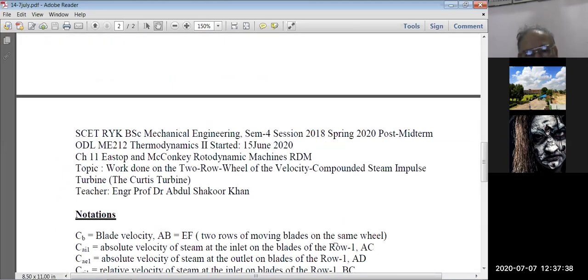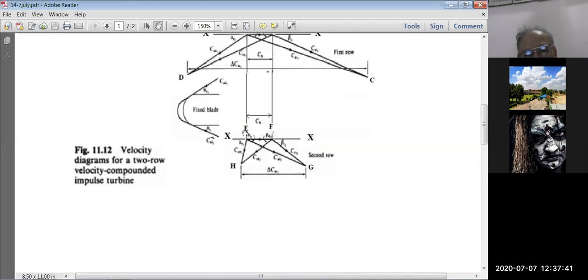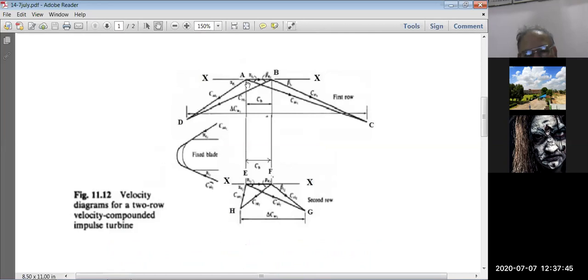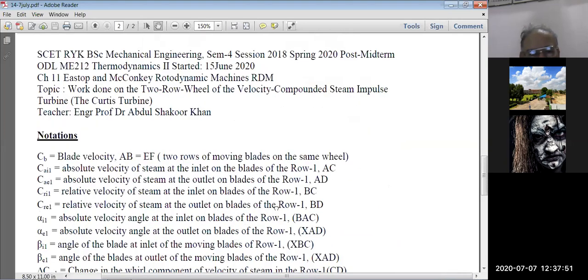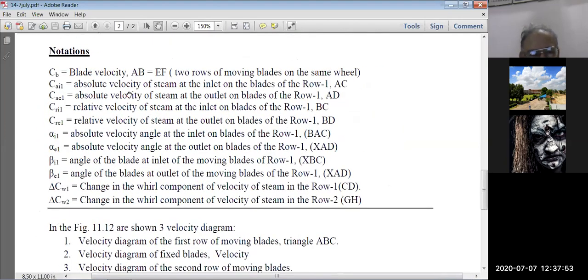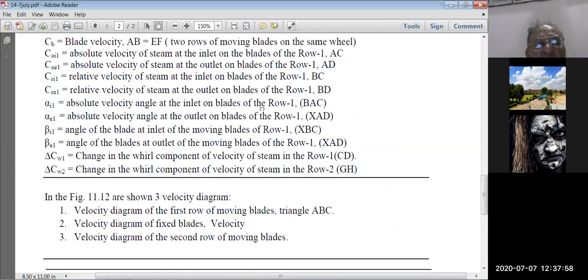So this EFG and EFH is at the second row, and this ABC and ABD are the velocity diagrams at the first row of the moving blades. Their notations are further elaborated here. If it is not clear in the diagram, you can read from here.